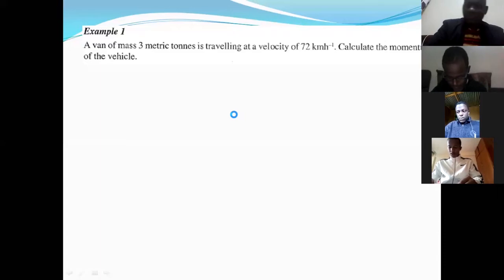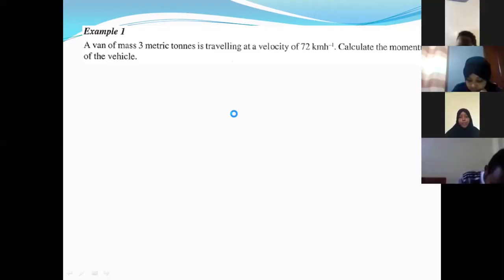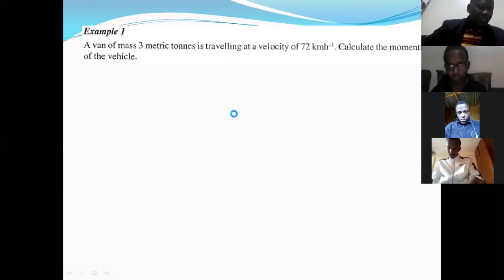Kasim? Anyone who has got it right? So the 3 tons, we convert to kilograms, it must give us 3,000 kilograms.